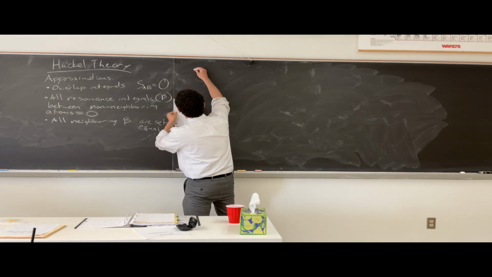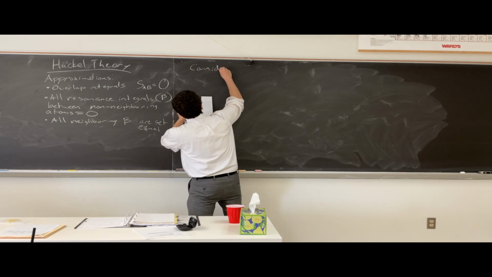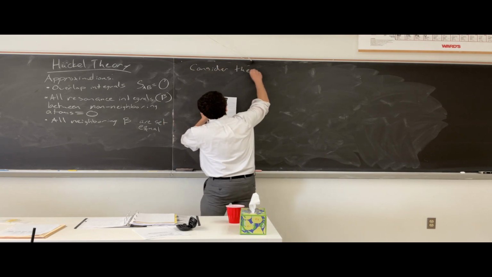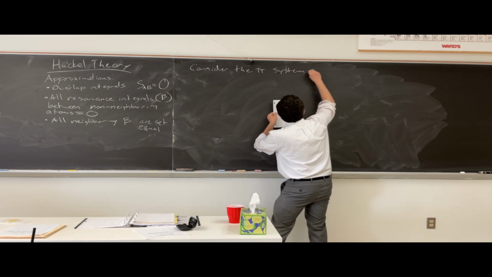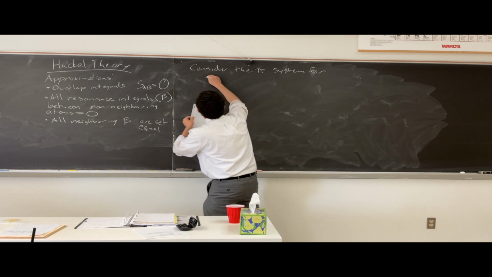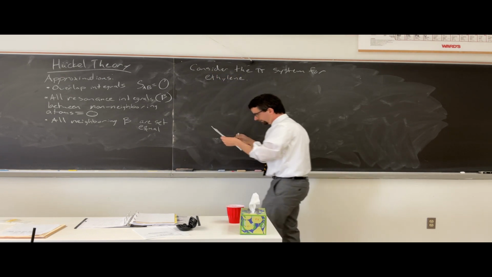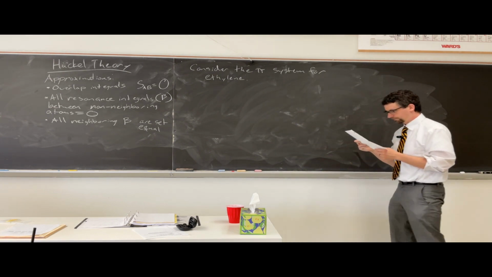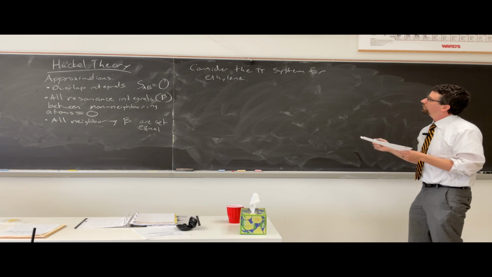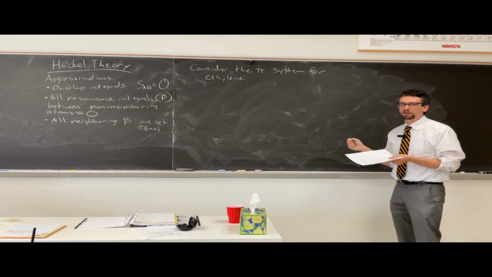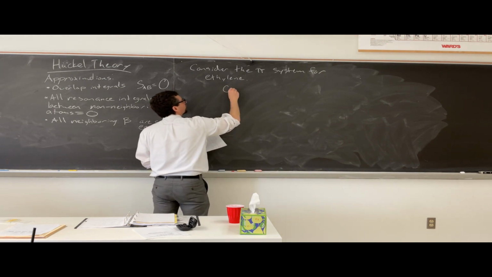So what we're going to do is consider the pi system for ethylene. Okay, what does ethylene look like again? 2 carbons.